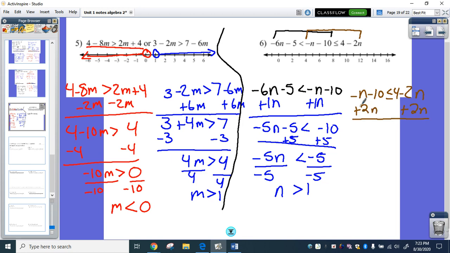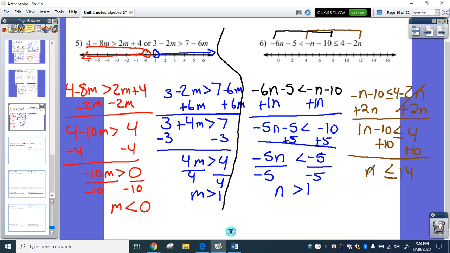Again, trying to get the variable to the left. Negative 1 plus 2 is 1n minus 10 is less than or equal to 4. Add the 10 to both sides. Now here, if you want, you could drop the 1 off and say n is less than or equal to 14.